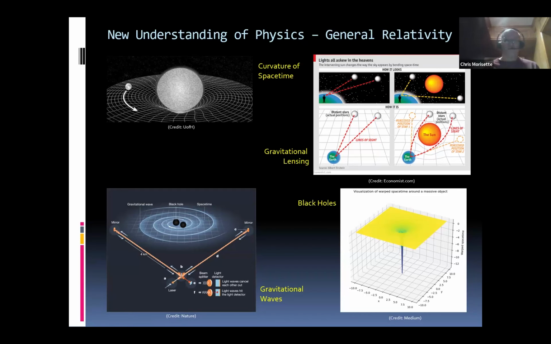His general theory of relativity, which he published, I think, in 1916, predicted black holes, gravitational waves, gravitational lensing, and the expansion of the universe and time dilation. So again, it's an amazing set of postulations.